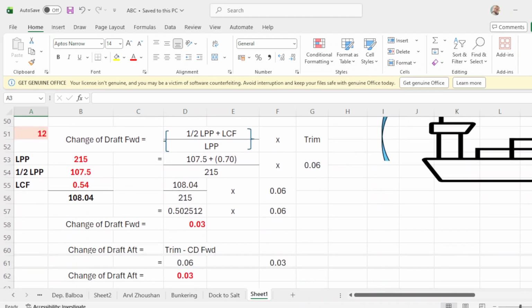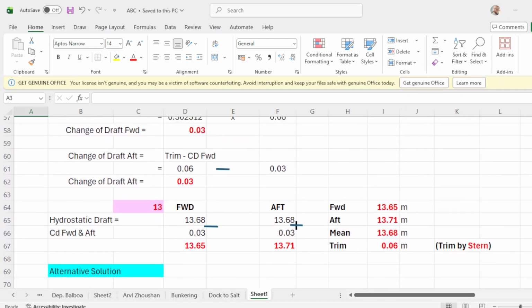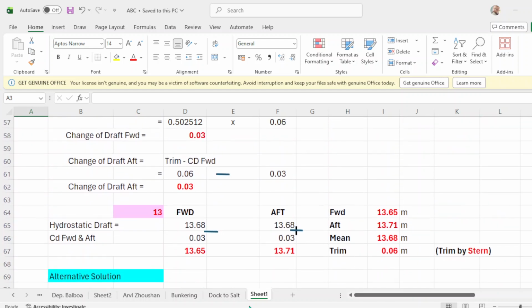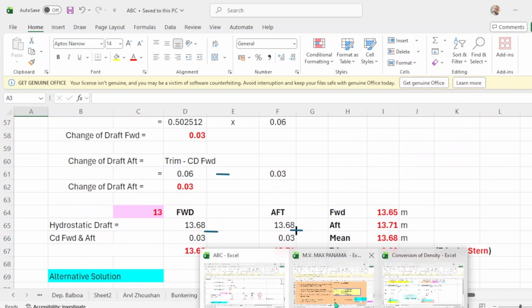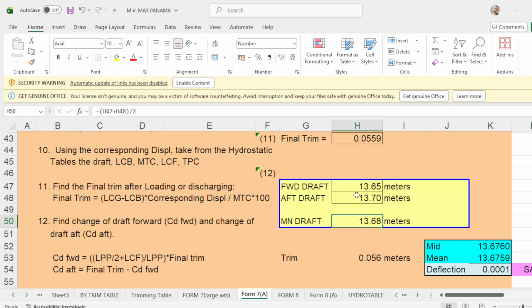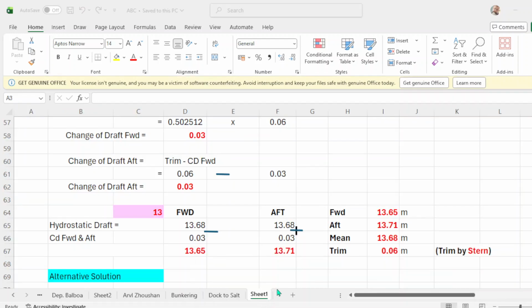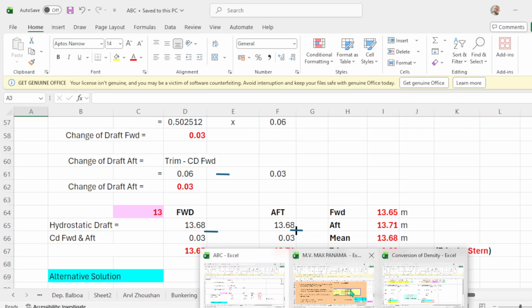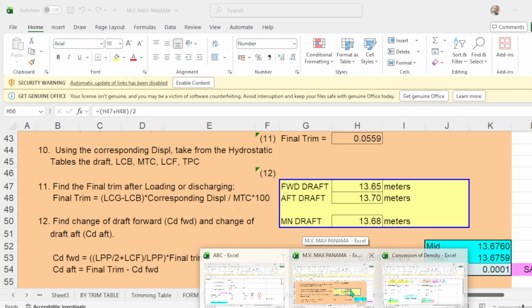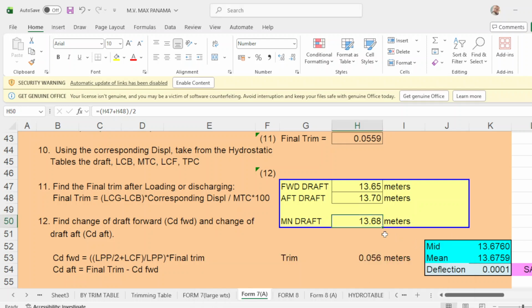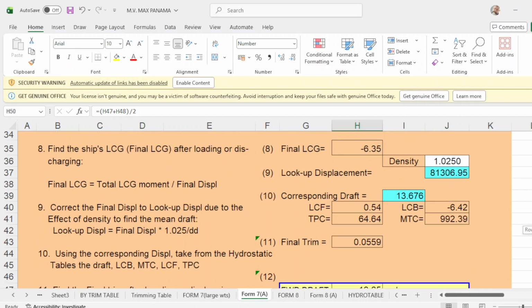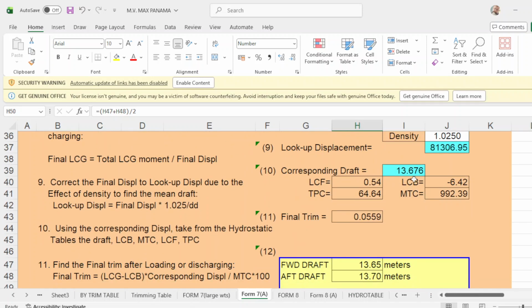The final draft forward is 13.65. Okay, 13.65. Aft draft is 13.70, and the manual is 13.71, and the mean draft is 13.68. The mean draft here is 13.68, but to be exact it is 13.676.